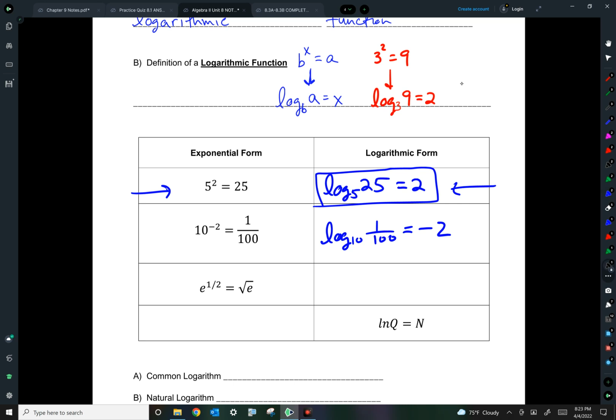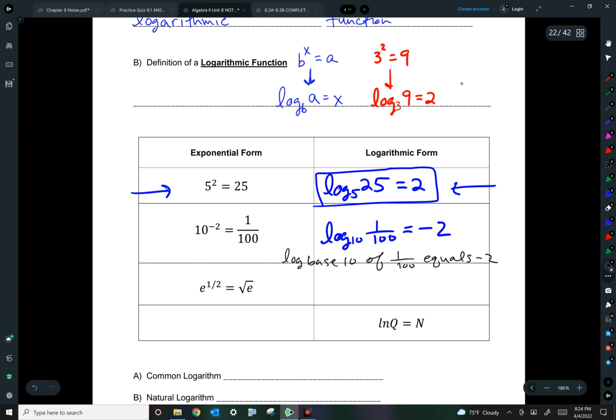So for this one down here, I would say log base 10 of 1 over 100 equals -2. I mean, those are the exact words that I would say. Log, I actually use the word base in front of whatever the base is. That way, if you say it correctly, you'll remember when you say log base, oh, what number do I put here? You put the base there.